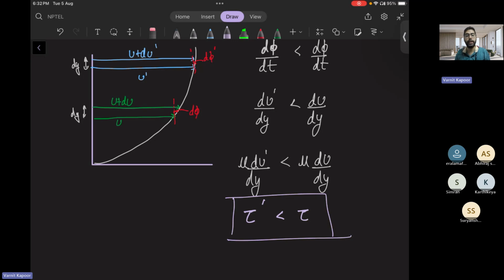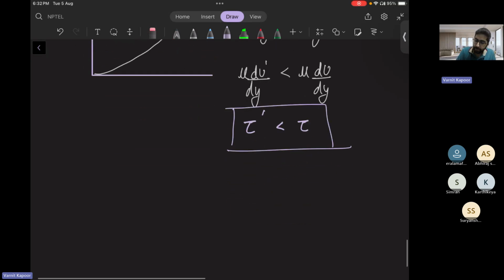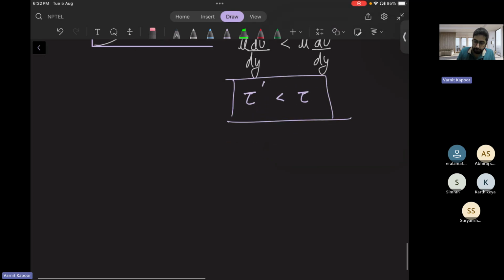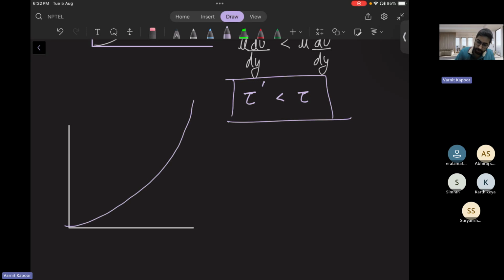So how can we express this graphically? I'll make one graph for your reference.